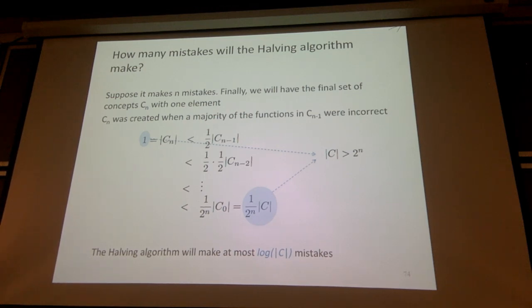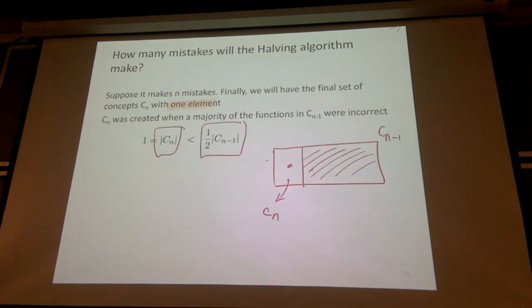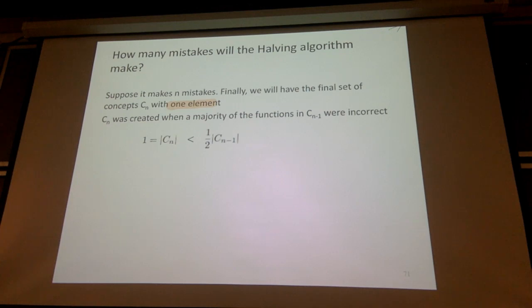Excuse me. Yes. I can't understand why the next step of the algorithm will have less than half of the previous step. So let's go back here, because there's more white space. Let's say that you have, I'm going to use an example to illustrate this, 5 functions: F1, F2, F3, F4, and F5.